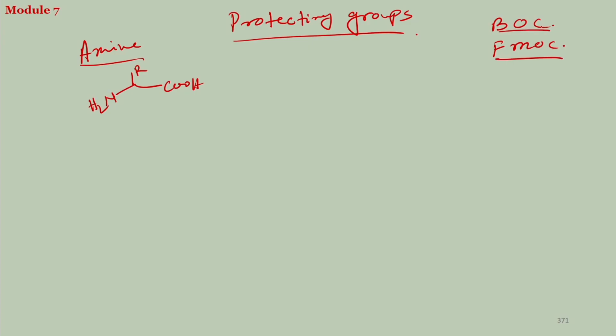These two are the different protecting groups or protecting group chemistry that we use for amine protections of the amino acids. So, first is with the BOC. BOC anhydride is the reagent.